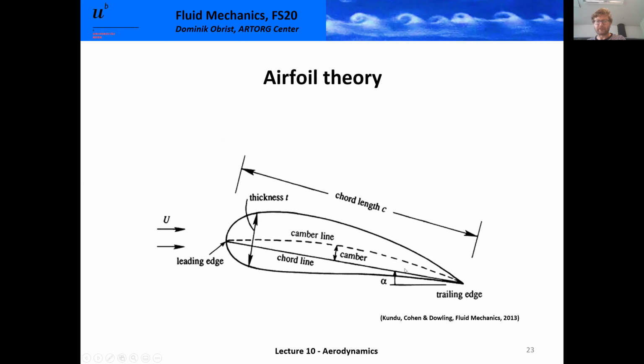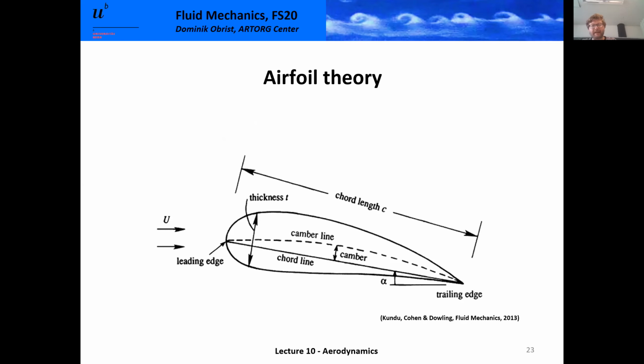The second very important characteristic of an airfoil is the so-called camber, the camber line. In German, this is the Wölbung. So a symmetric airfoil has zero camber, keine Wölbung, and an asymmetric airfoil will have a bit of camber. So it's a bit of a bending of the airfoil.